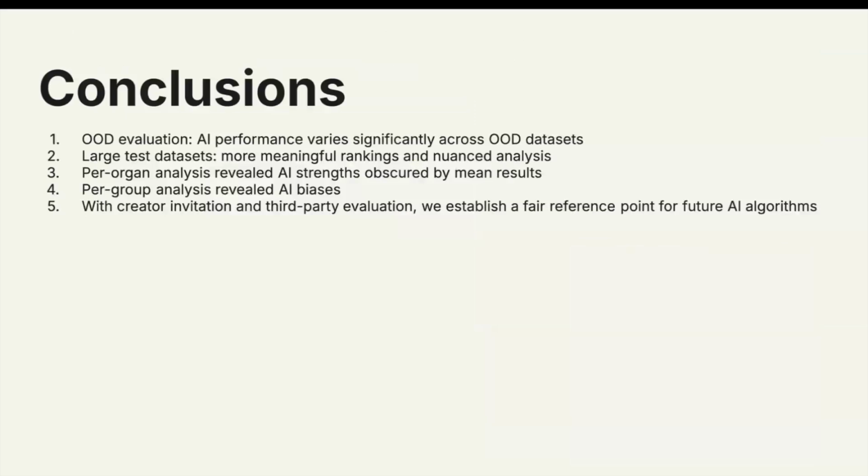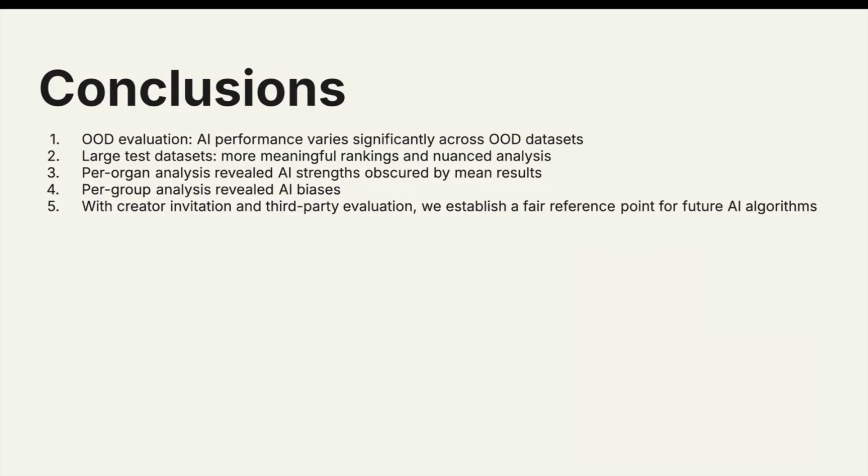So our conclusions are: first, OOD evaluation is pretty important, and AI performance can vary significantly across different OOD datasets. So ideally, we want to test on multiple OOD datasets to ensure that medical AI can perform well across the world and across many hospitals.